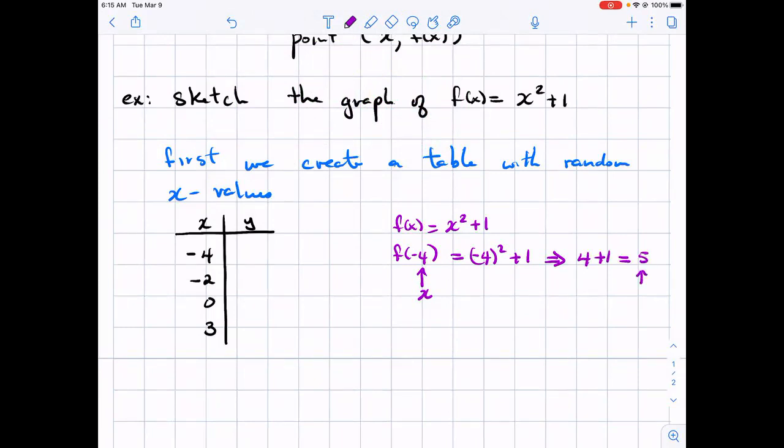This is my f of negative 4 value, which is the y value. This is the point x comma f of x, where the x is negative 4 and the y value is 5.